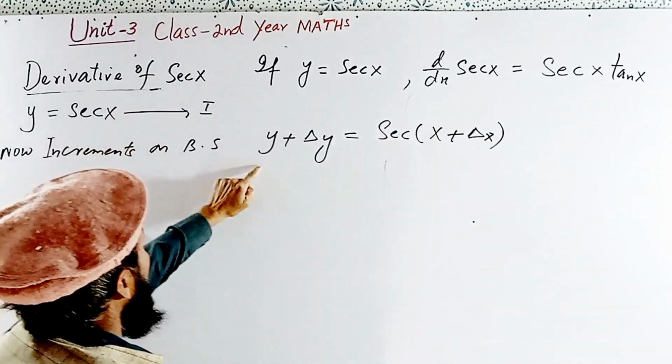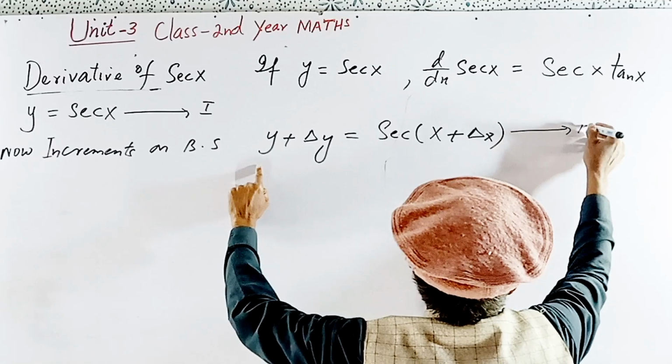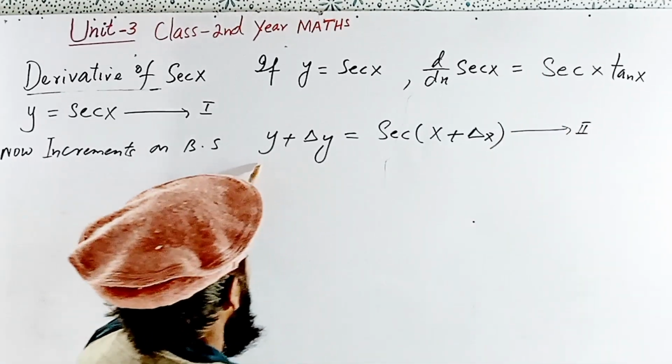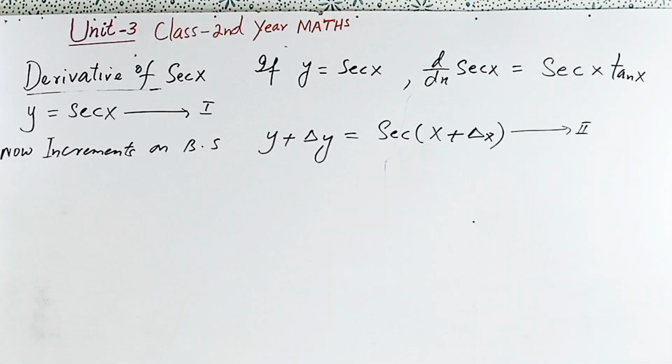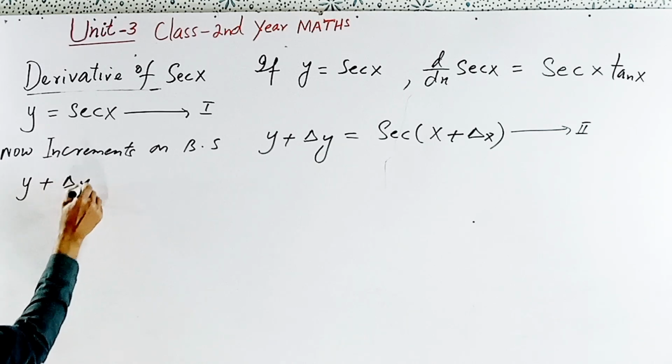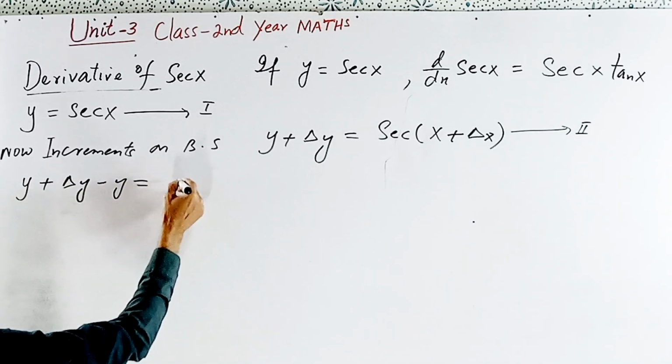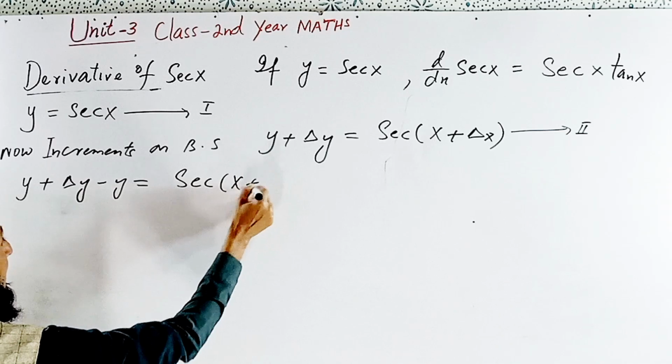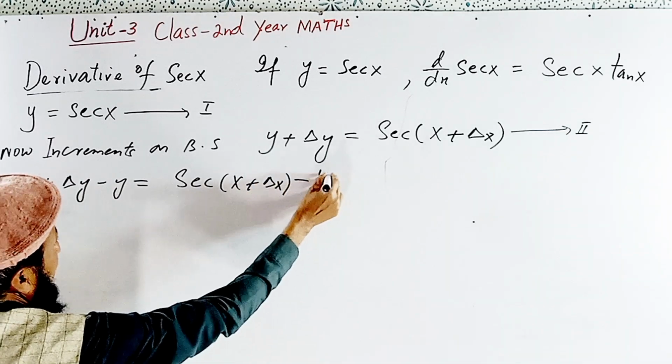So now we call this equation number two. Subtracting equation number one from equation number two, we get y plus delta y minus y, and secant of x plus delta x minus y.